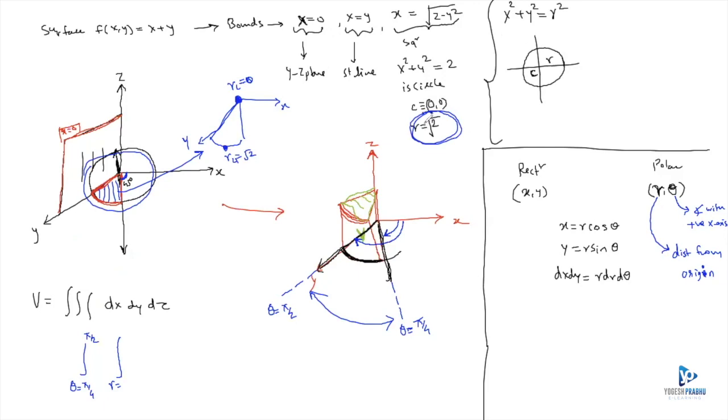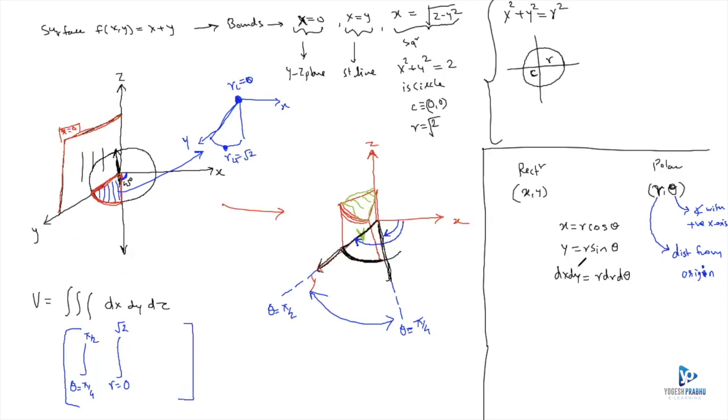Like I said, theta is going to be from pi by 4 to pi by 2, not less than that or beyond that. R will be from 0 to root 2. So now I have found the limits of theta and the limit of r as well.